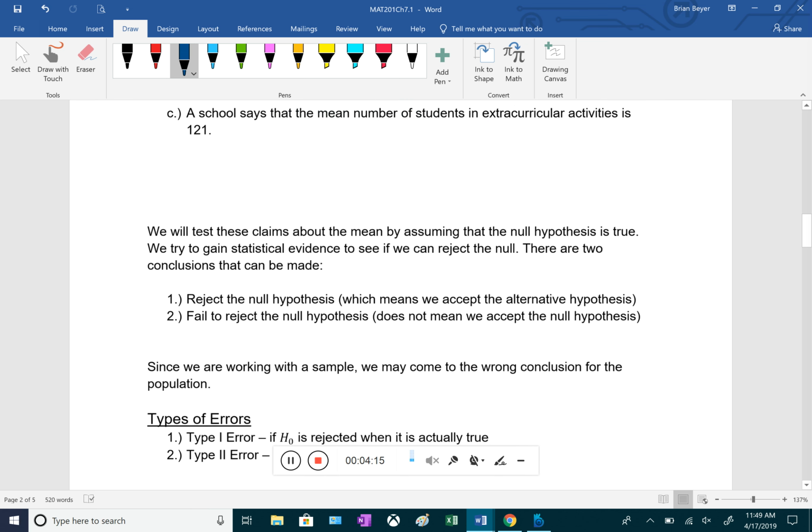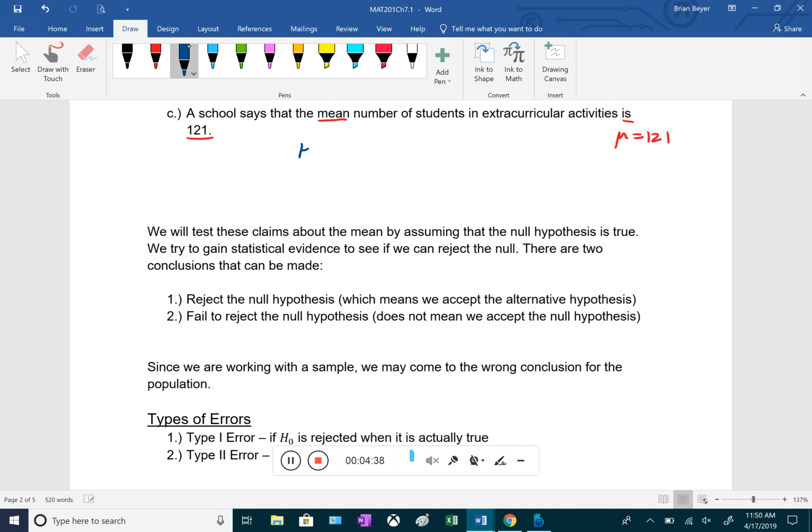Okay, and then the last one for these examples is a school says that the mean number of students in extracurricular activities is 121. So here the claim is that the mean is 121. This time it's going to be mu is equal to 121.